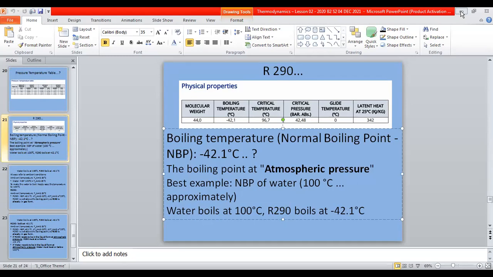If the ambient at normal pressure is, let's say, minus 43, we can have liquid R290 in our water glasses.